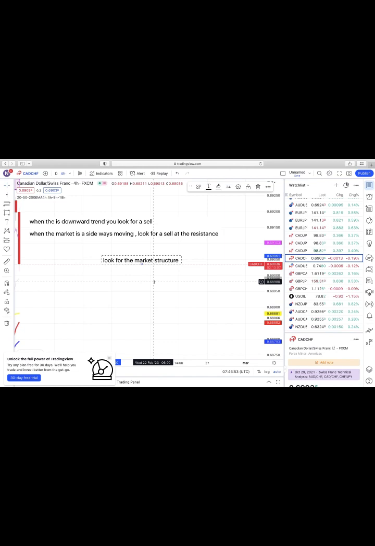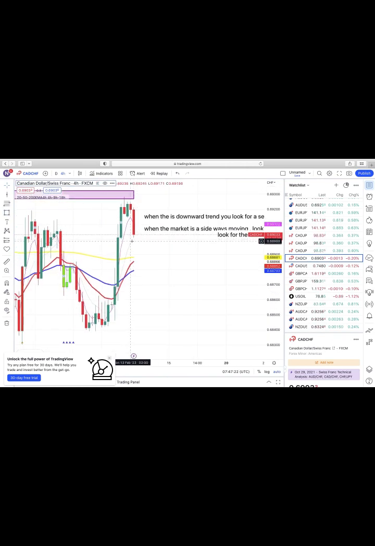The market structure is basically the structure that the market forms at a given period of time. What does the market form? That is what you look for.